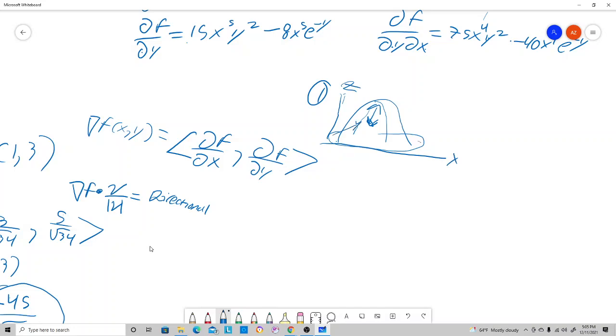If I take this and shine it down, it's always going to be orthogonal to the function. It's going to be a two-dimensional vector that's always orthogonal to the contour lines here. So that's one of the things you need to remember for later in the course.